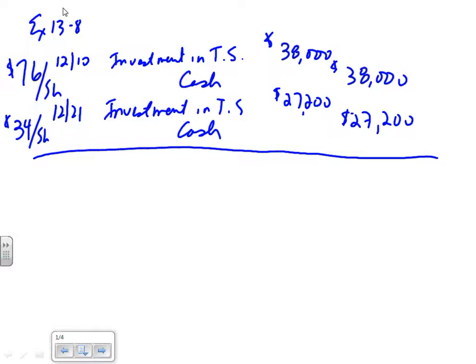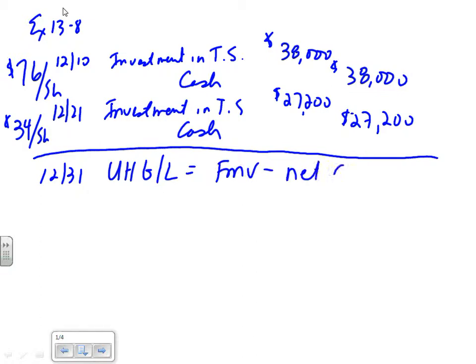And for trading securities, we have a fair market valuation. So at the end of the period, what they tell us here is we have to make our adjusting entry at 12/31. And again, you want to figure out the unrealized holding gain or loss. An unrealized holding gain or loss is going to be equal to the fair market value of the portfolio minus the net carrying value.